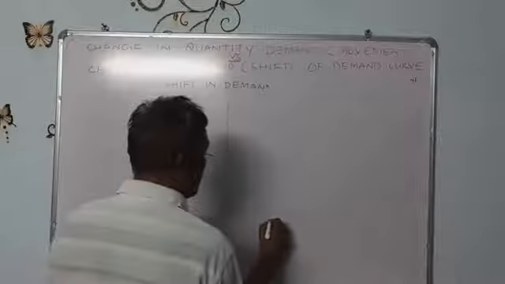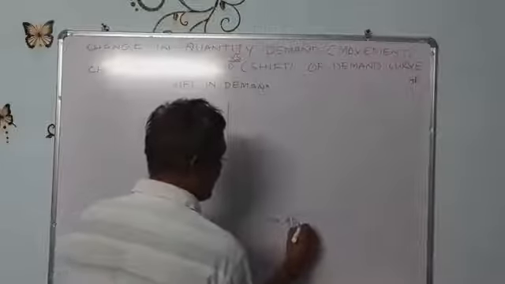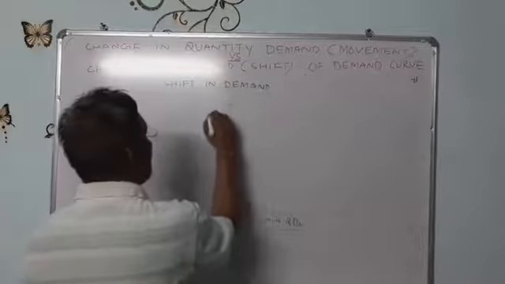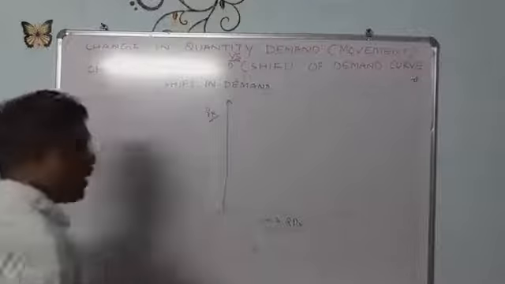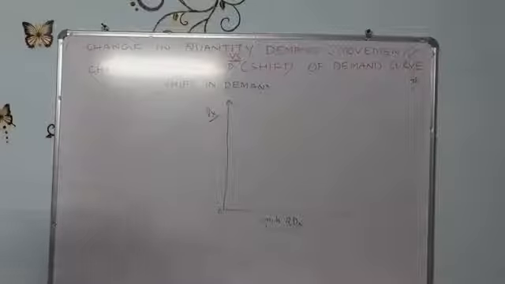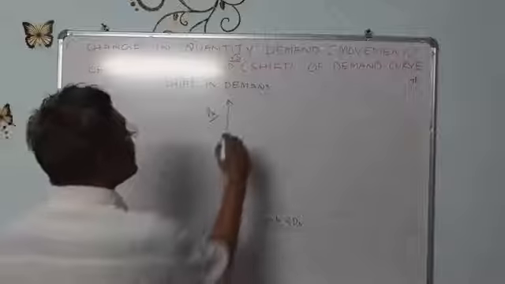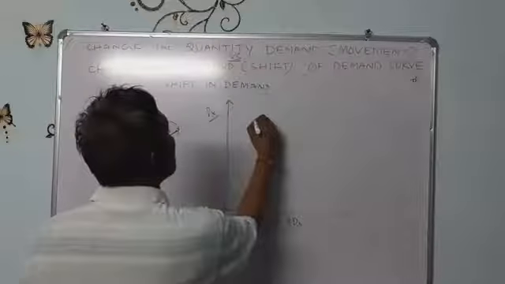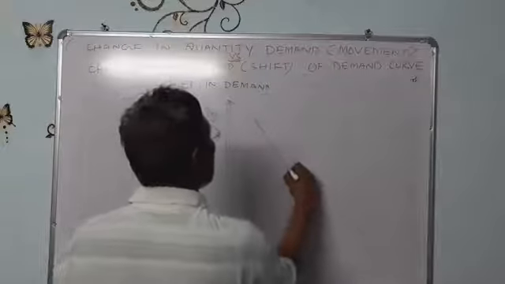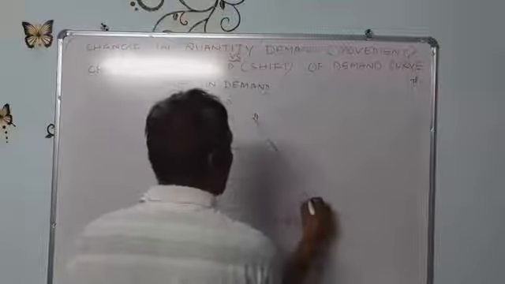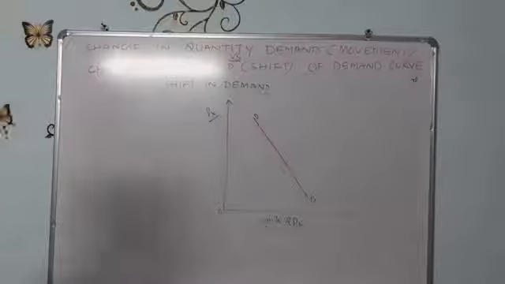I am giving an example. On the OX axis, units of quantity demanded of X good, and on the OY axis, the price of X good. I am writing it shortly: units of demand of X good and price of X good. Let DD be the demand curve.